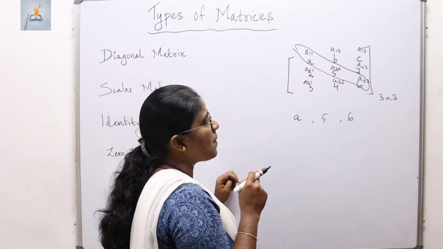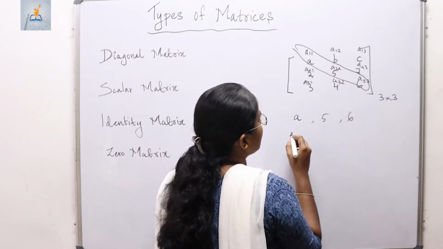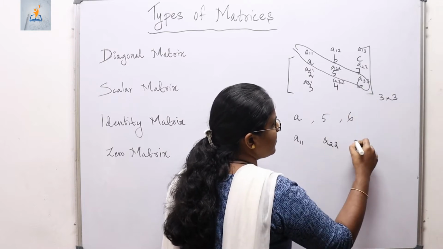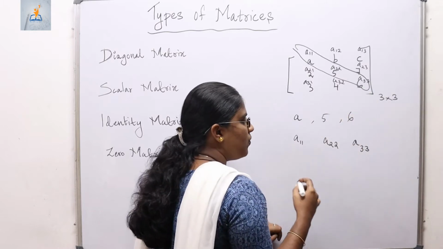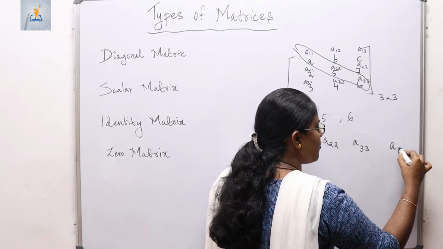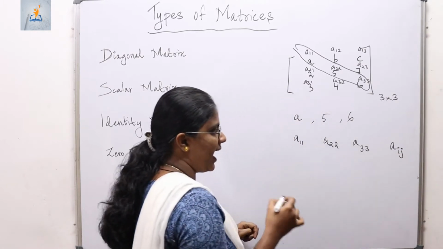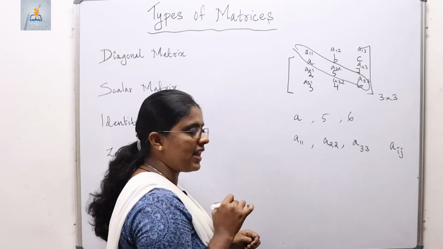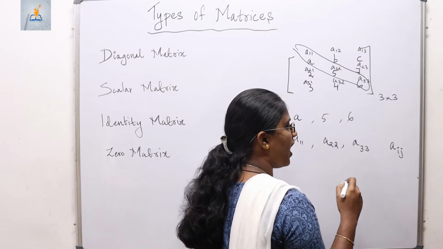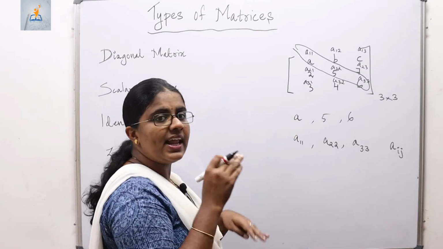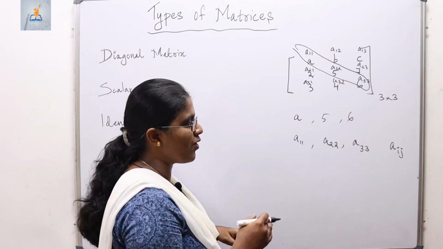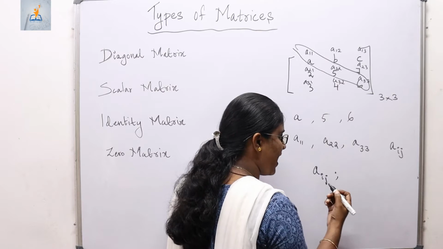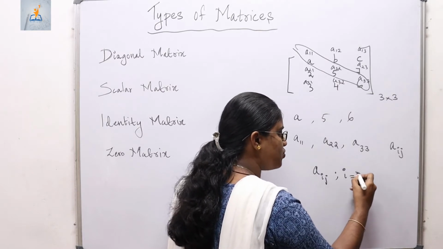So see the peculiarity of the diagonal elements. They are in general a11, a22 and a33. We know that in general an element of a matrix is of the form aij. And look at the suffixes of the diagonal elements: i and j are equal. So the diagonal elements of a square matrix are always the set of elements aij such that i is equal to j.